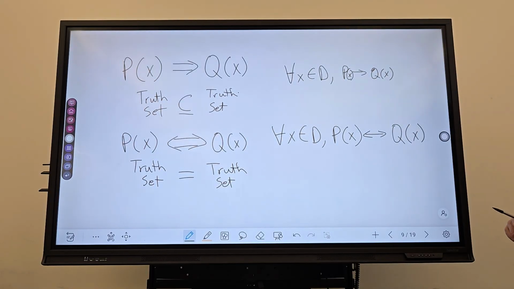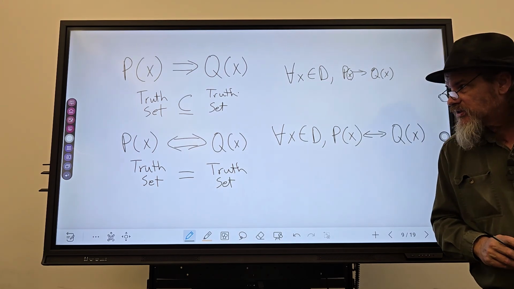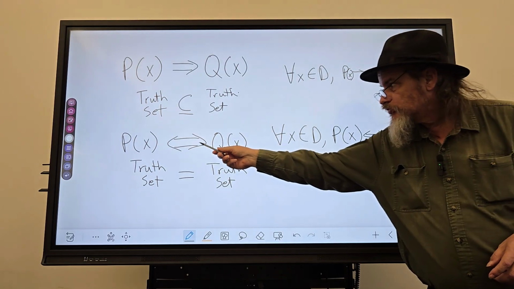But yes, the truth sets are identical with the double arrow.